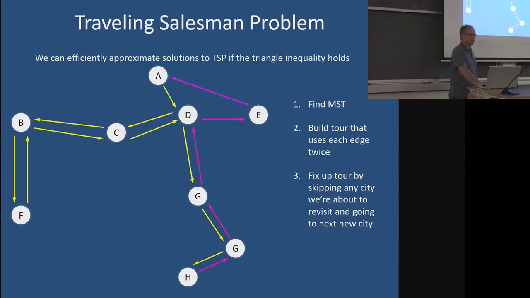Okay? Now, what can you say about that purple tour now? The fact that we've shortcutted, is that a shortcut? Going from E to A directly instead of E to D to A? Yes. How do you know it's a shortcut? The triangle inequality. That's where the triangle inequality applies. So that shortcut there has got to be better than the original yellow route.